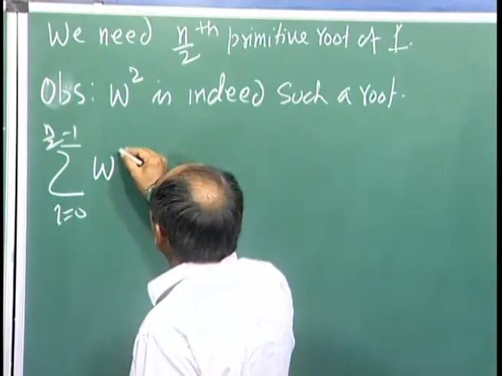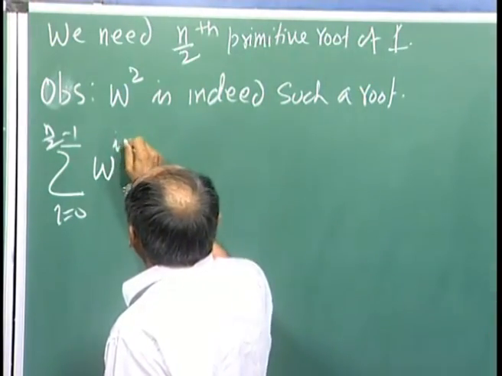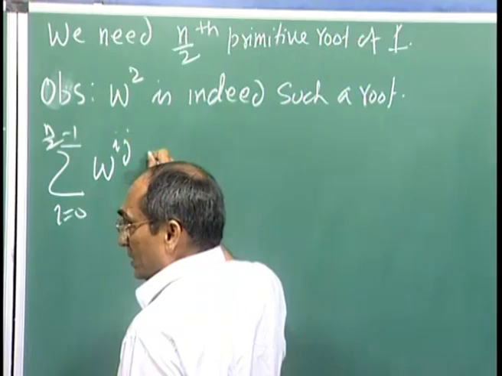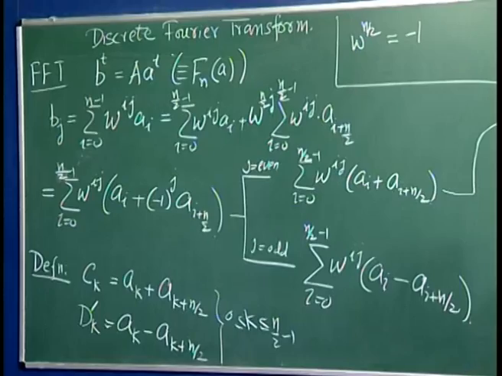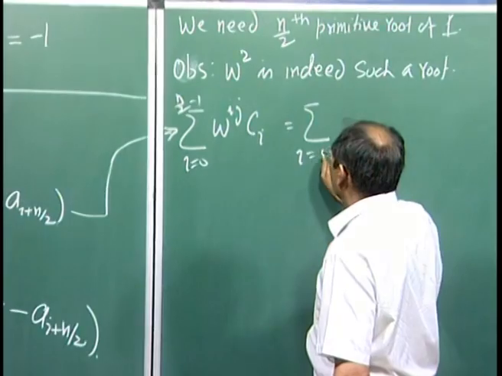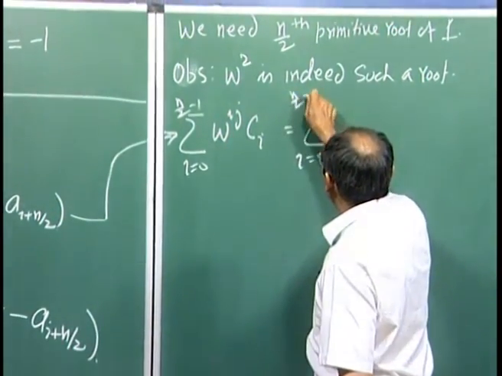I can write down the sum of w to the ij times ci, which is this quantity, as sum i going from 0 to n over 2 minus 1.